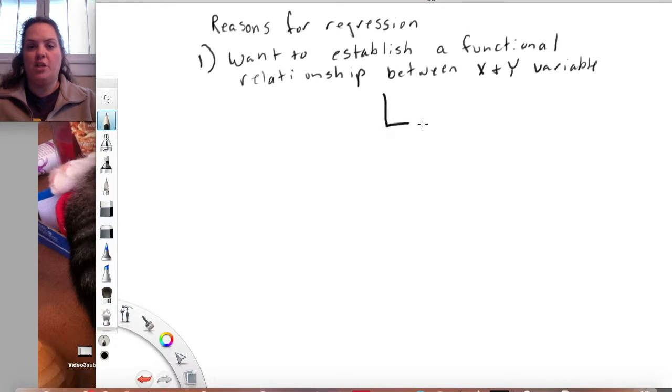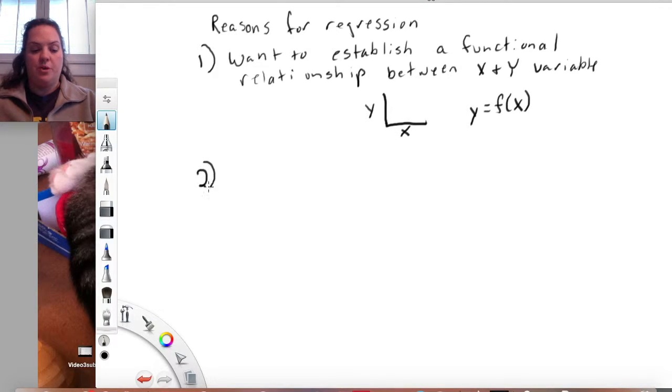Okay, a functional relationship between our x and our y variable. So basically what we're doing is we're looking at y as a function of x. Okay, so y is a function of x.